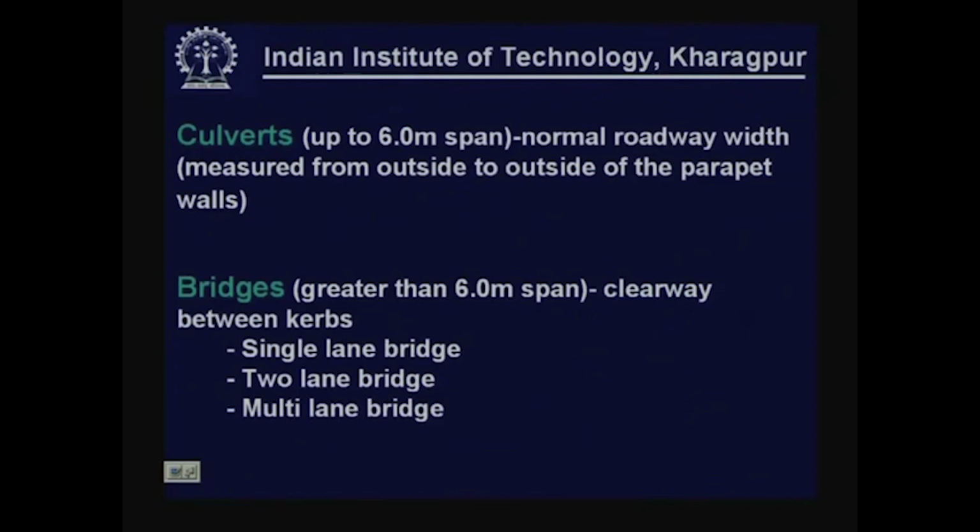Again, the recommended widths in each of these cases are available in the Indian Roads Congress guidelines. So, you may refer to the appropriate IRC code for obtaining the recommended values.